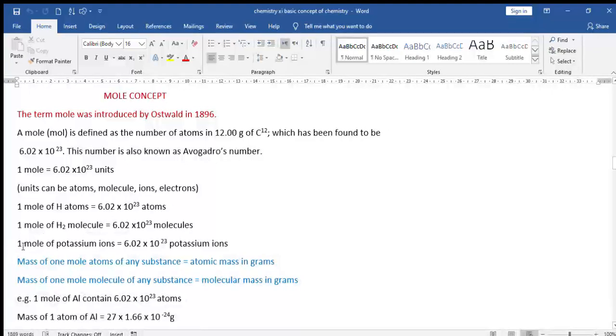If I am saying 1 mole of hydrogen molecules, it contains 6.02 into 10 to the power 23 molecules. If I am saying 1 mole of potassium ion, it contains 6.02 into 10 to the power 23 potassium ions. So 1 mole contains 6.02 into 10 to the power 23 units every time.